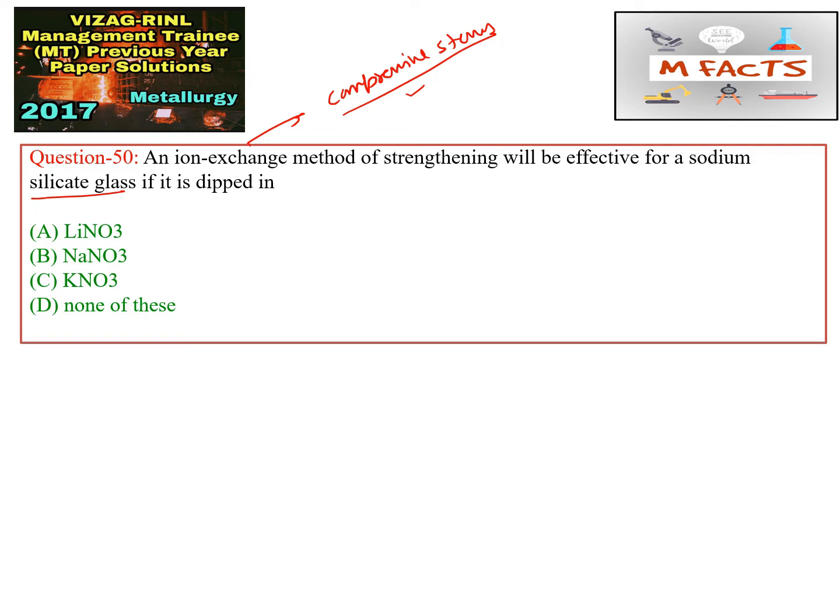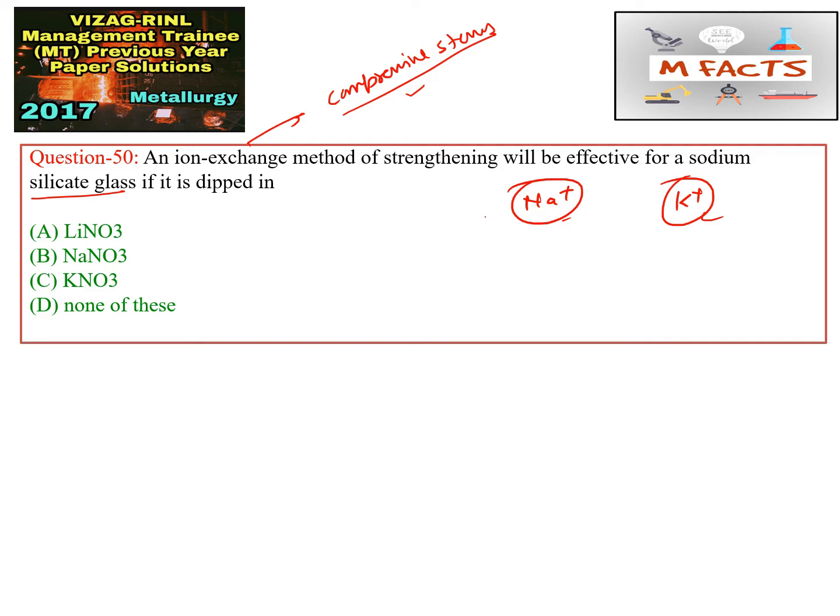What happens in this process if we do the ion exchange by a larger atom, that is a larger cation? Suppose in this sodium silicate, we have Na plus ion. If we replace this by larger cations, that will introduce compressive stresses during the ion exchange process, and that will strengthen the silicate glass.